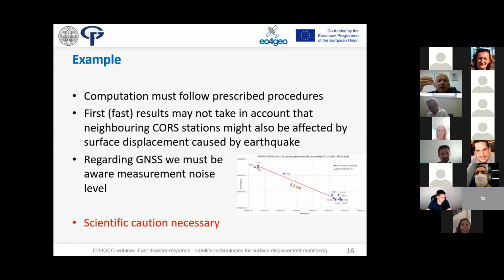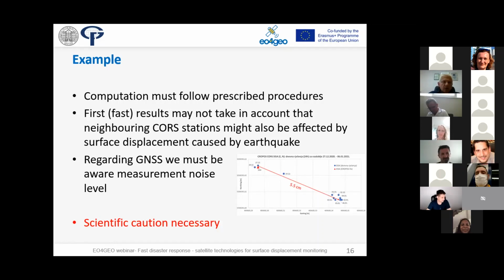So also the question is, the assumption is that neighboring CORS stations are not affected with the surface displacement. So this is the same issue like with the previous station.